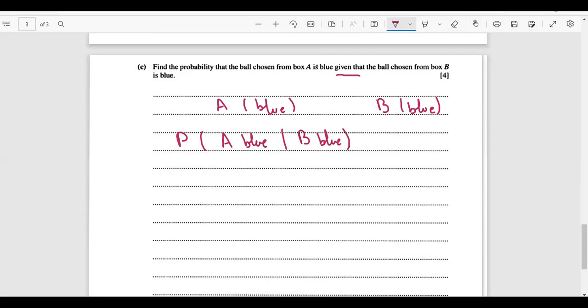Now, once we have understood the scenario, once we have written this, we can easily write this down. Probability that from A it is blue and from B it is also blue, and we are to divide this by, let me write it down properly.